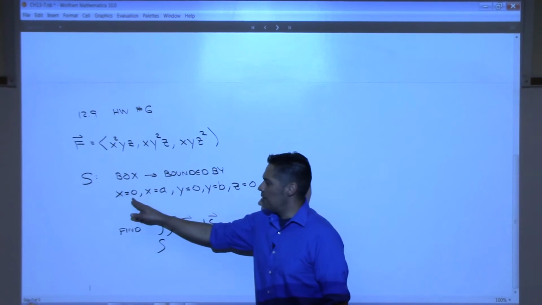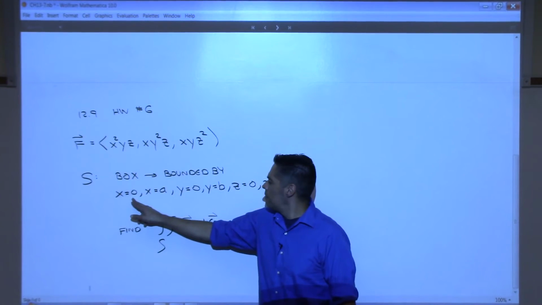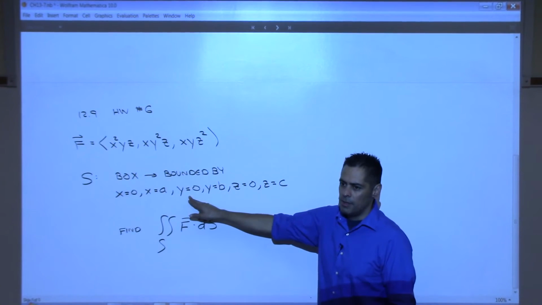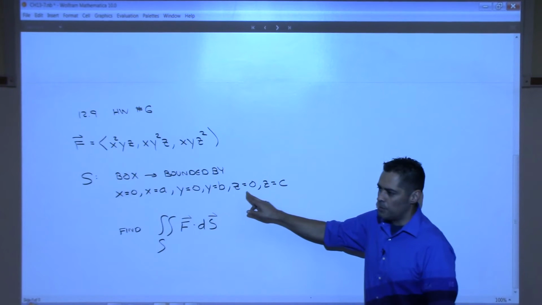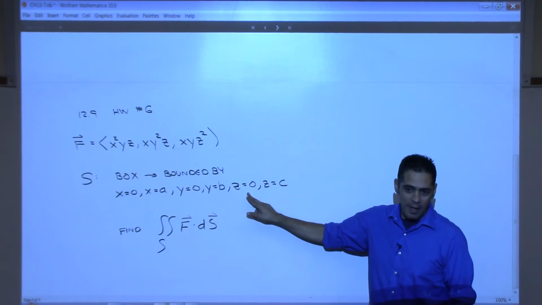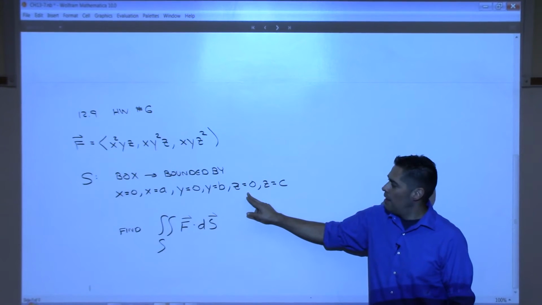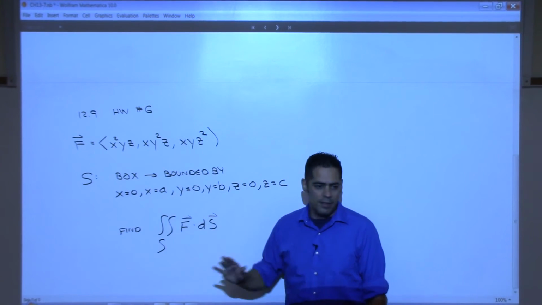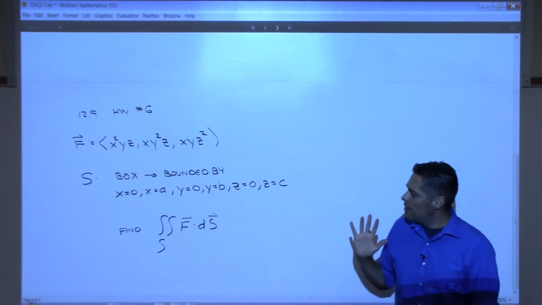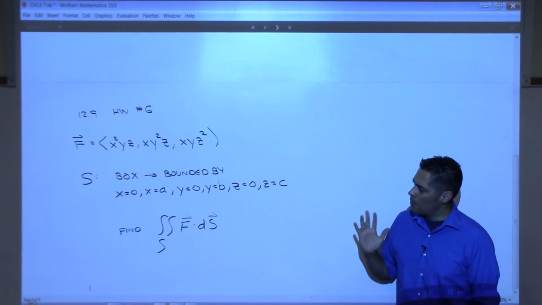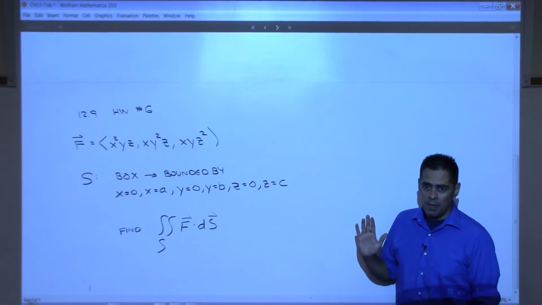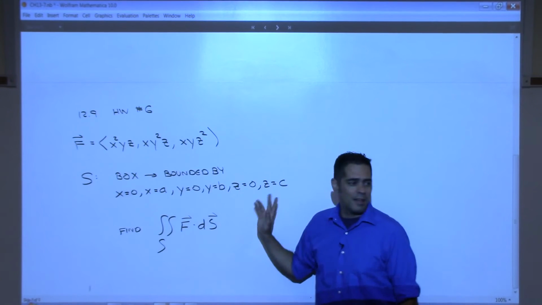X equals 0 is the YZ plane. Y equals 0 is the XZ plane. Z equals 0 is the XY plane, right? So you're basically in the first octant. And then X equals A is just a plane that is parallel to the YZ plane. And let's assume A, B, and C are positive here, okay?